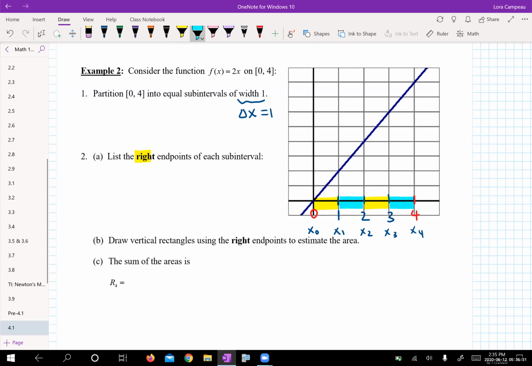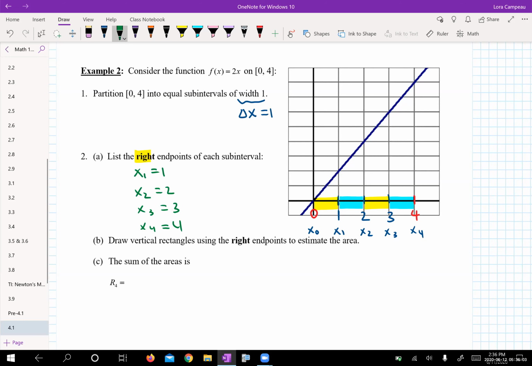If you're going to be playing with the right endpoints this time around, you would be listing not your A, but x sub 1, which is equal to 1. That's your right endpoint. X sub 2, which is equal to 2. X sub 3, which is equal to 3. And this time you're using x sub 4, which is equal to 4. So it's the right point in each of those colored intervals.